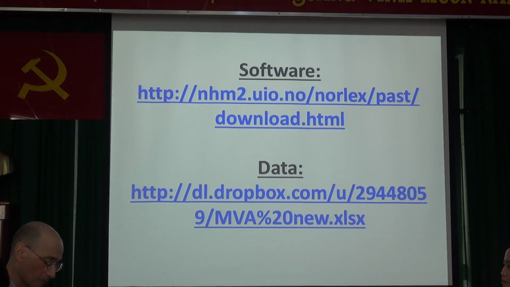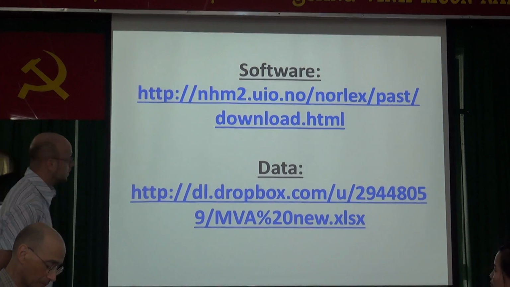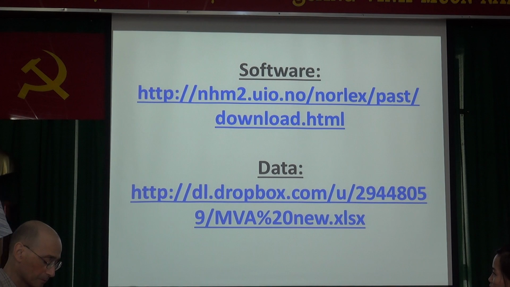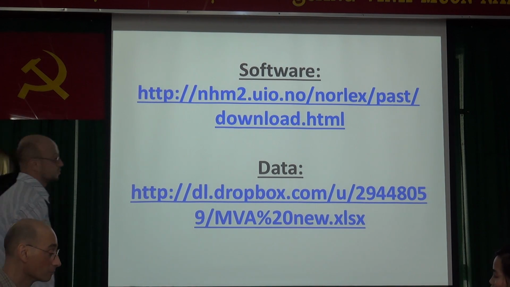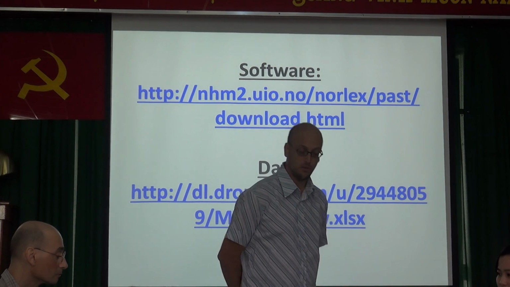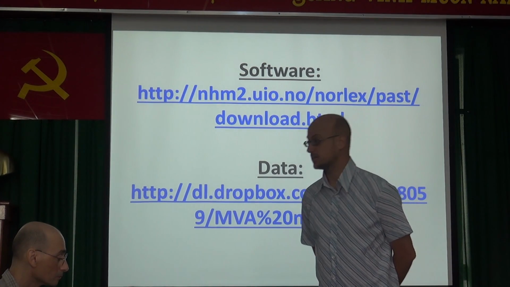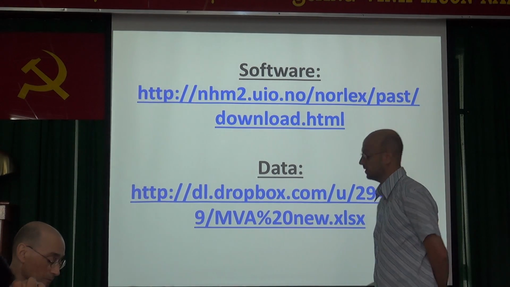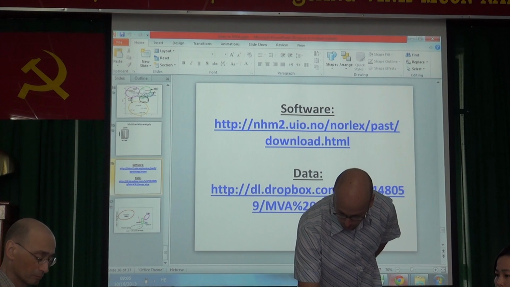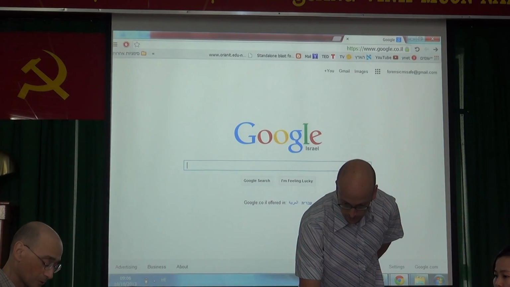So, like almost always in bioinformatics, you don't need to pay any money to do this sort of analysis. We have a software that does it automatically for us, costs nothing. And the way to get to it is very easy.